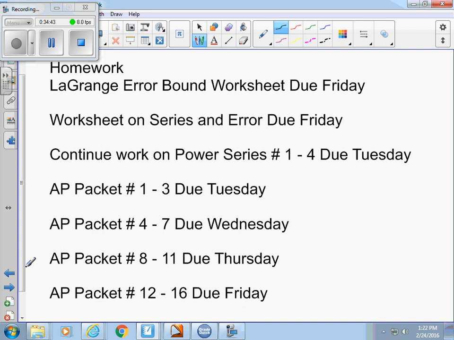You can work in either order tonight, tomorrow night, or on the weekend.